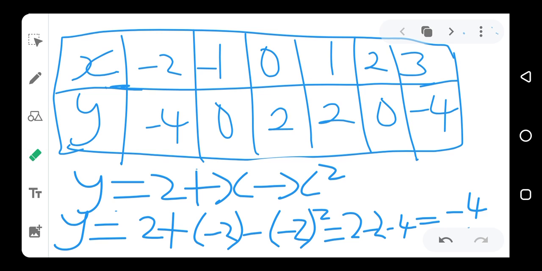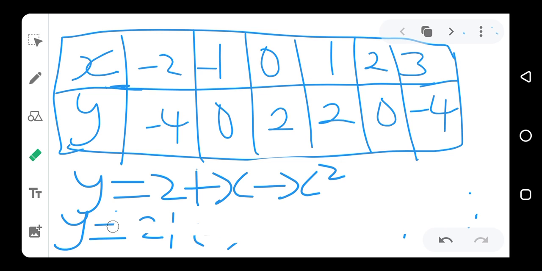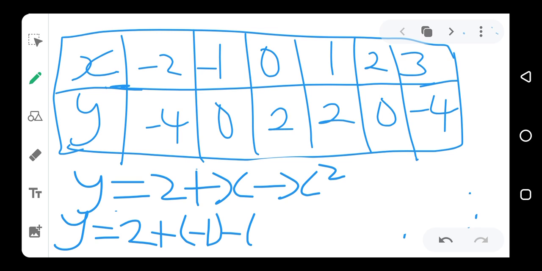Now the second value of y, which is 0, see how I got it. For the second value, which is when x is equal to minus 1, we have 2 plus bracket minus 1 minus bracket minus 1 squared.